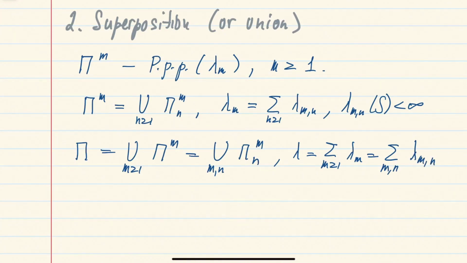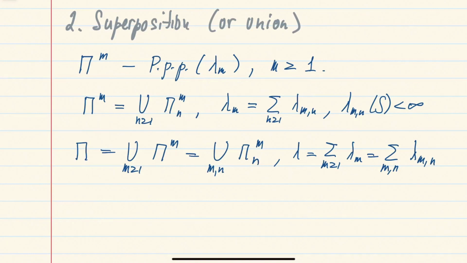And of course, the fact that here we have two indices m and n doesn't matter. You can enumerate this pair any way you like, because you are summing positive quantities here. So we can see that this new set pi satisfies the definition of a Poisson point process above for this particular decomposition of the measure lambda, or for this particular representation.